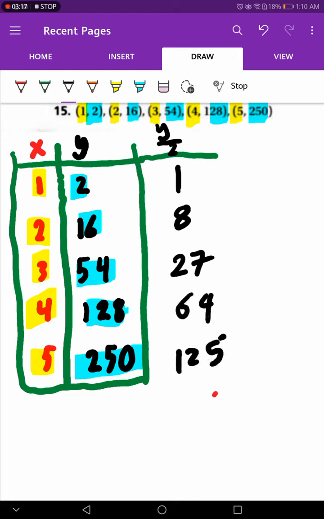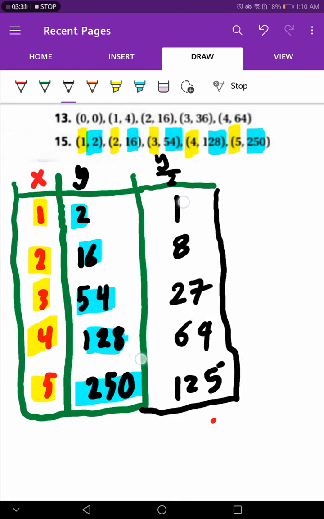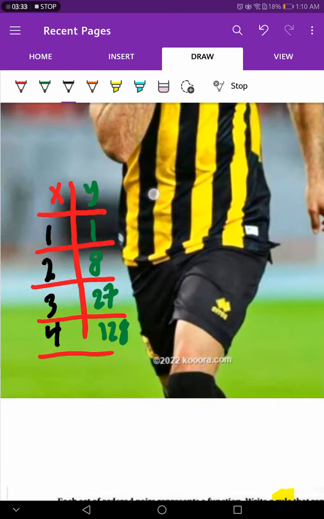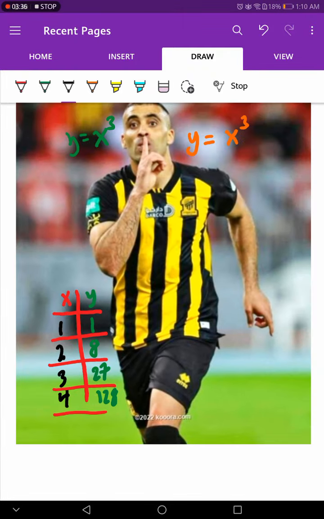So I divide the y values by 2, all of them, and I get the new values here. And if you remember, 1, 8, 27, 64 is the Hamdallah pattern or rule, which is y equals x cube.